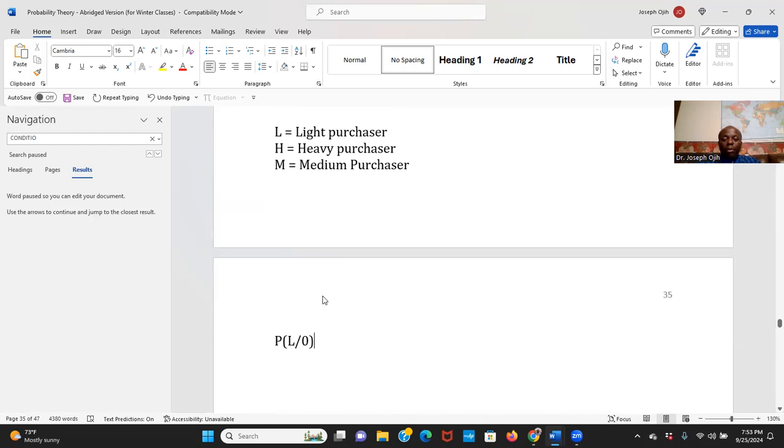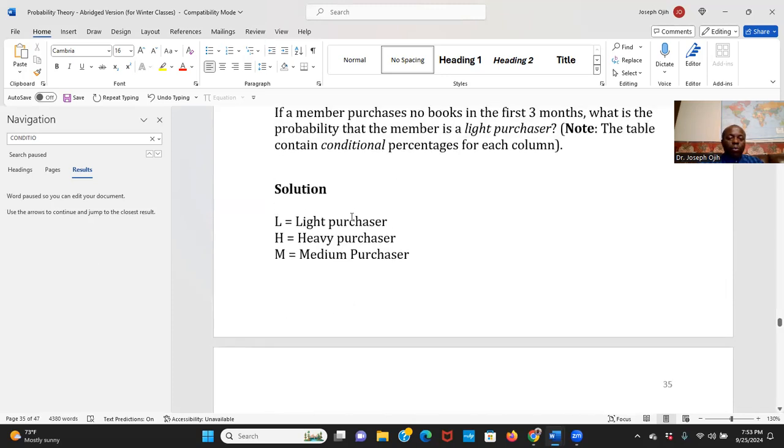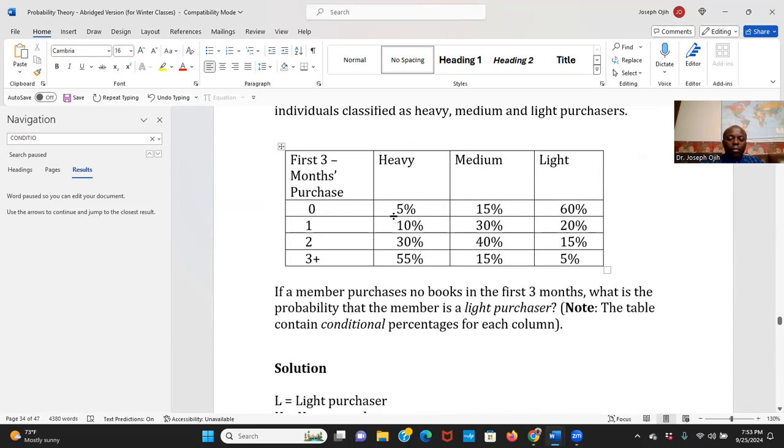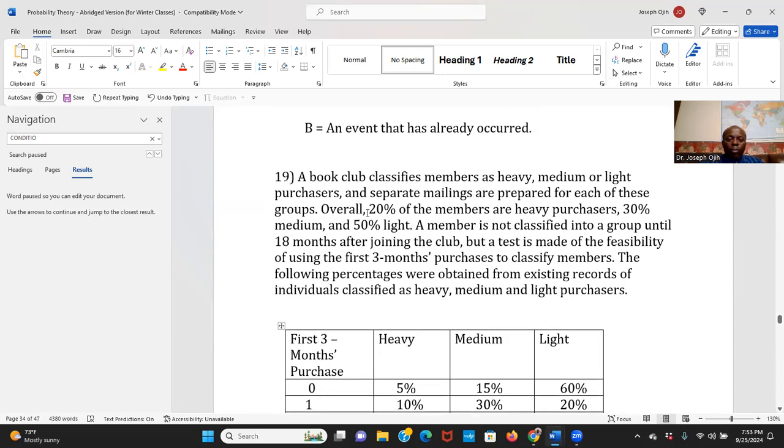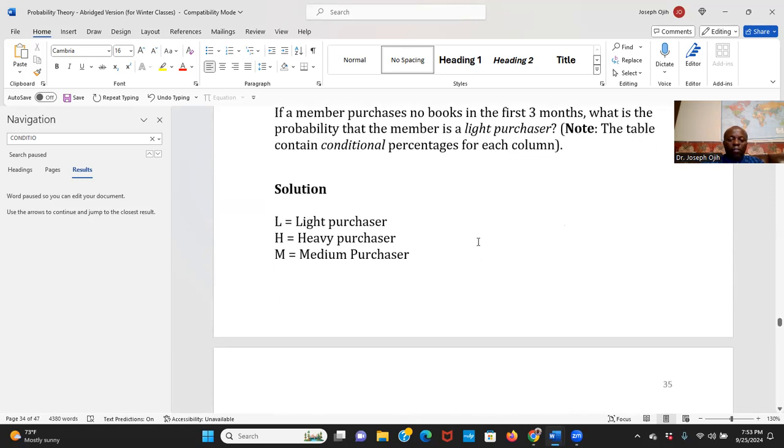Before I do that, I want to identify what the question says. Overall, 20% of them are heavy purchasers, so heavy equals 20%, which is 0.20.